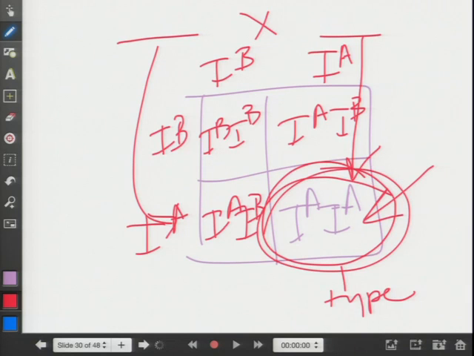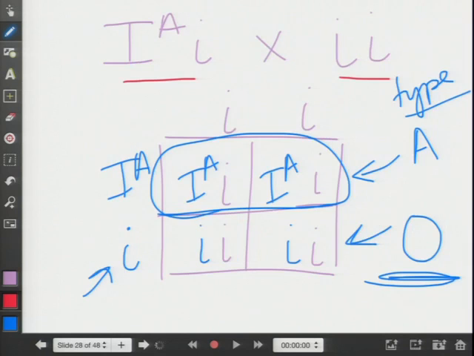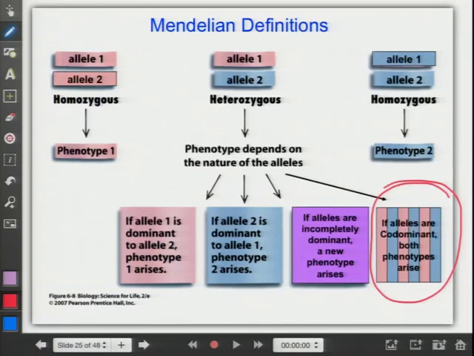And then the other picture I showed, there's also the possibility that two alleles are incompletely dominant to each other, which means the heterozygote looks like a completely different phenotype than either of the other two phenotypes. So that would be like a white flower and a red flower results in pink, right?